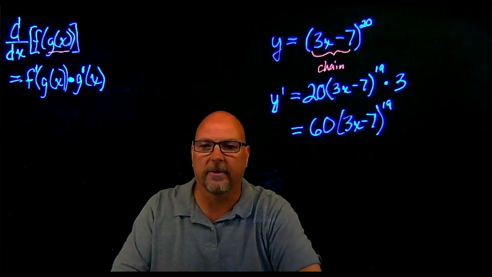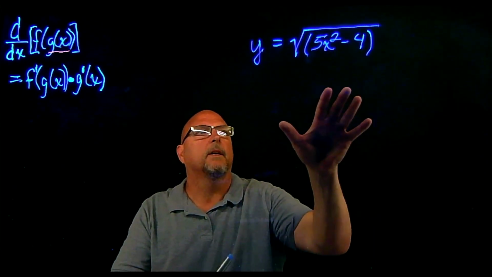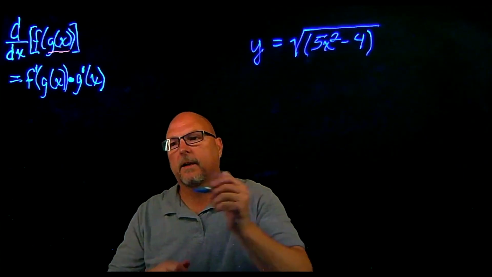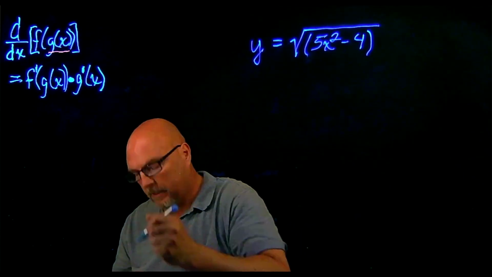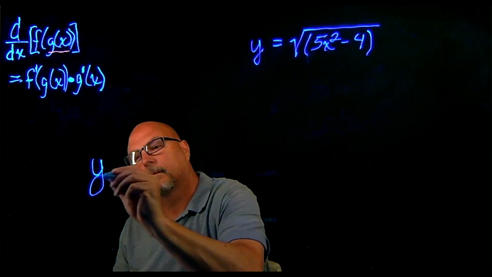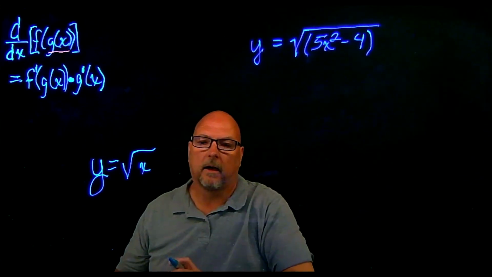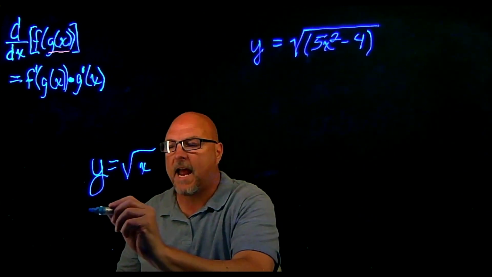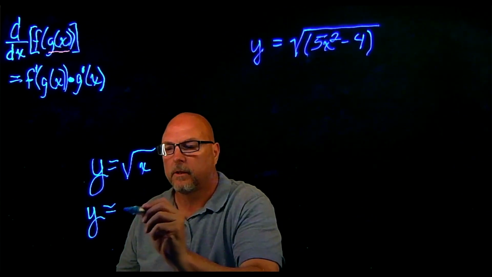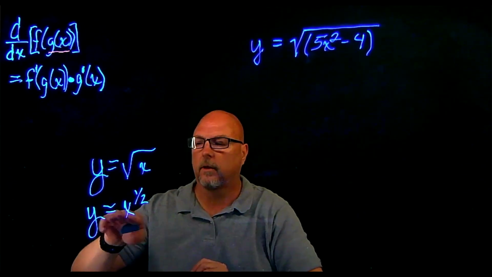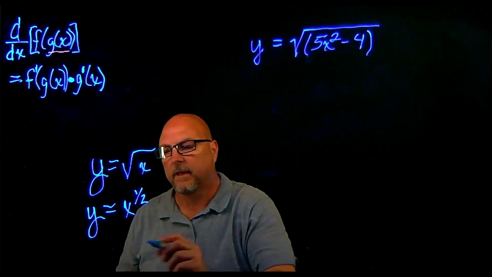Now let's look at another one. So here's the next one. Notice we have a radical here. Ordinarily, if y was just the square root of x, and we were going to take the derivative of that, we knew to change that to a fractional exponent. So y equals x to the 1/2.